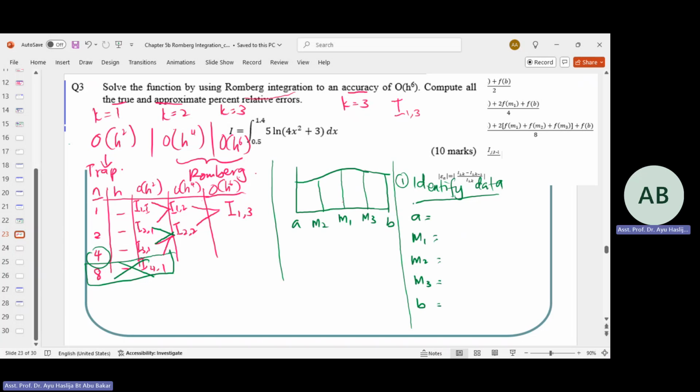Now after we have sketched the segments, we know we got 4 segments. So each h we already know. What is the h?